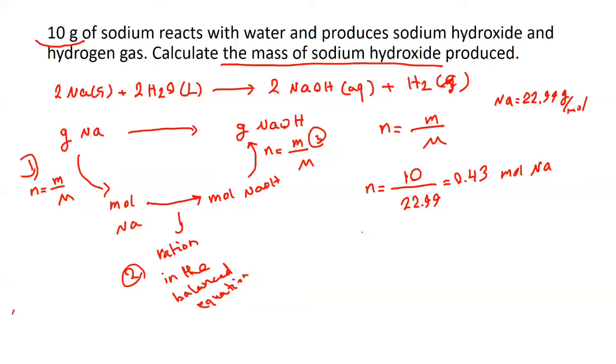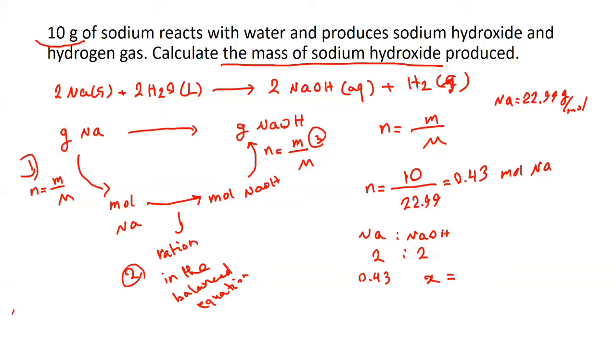So I say Na to NaOH is equal to 2 to 2. So if I have 0.43 moles of sodium, what's the number of moles of NaOH? Because the ratio is 1 to 1, they are equal.